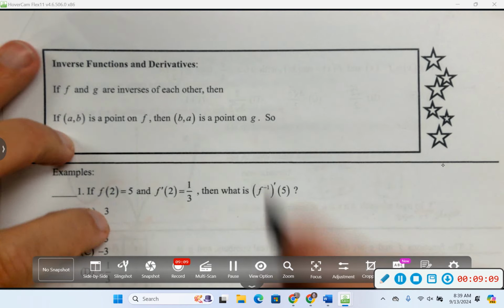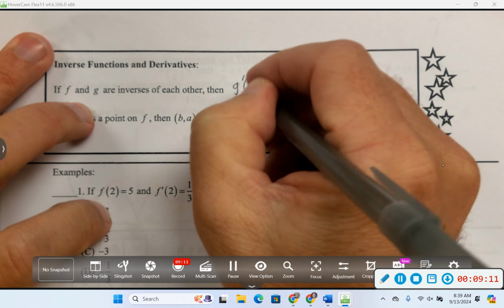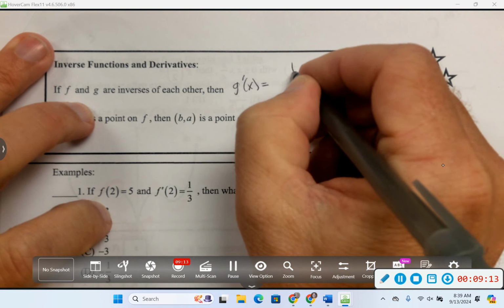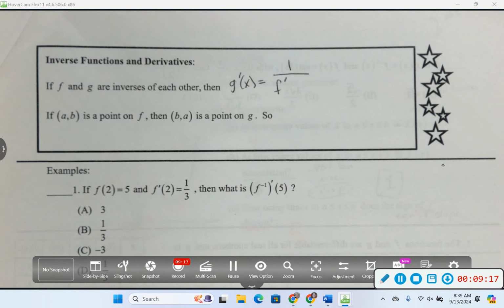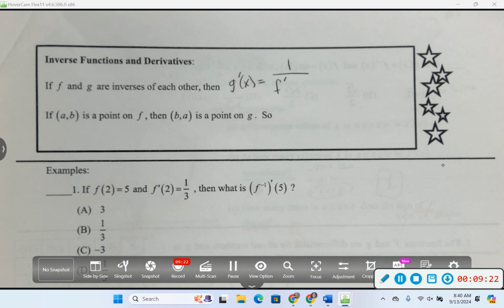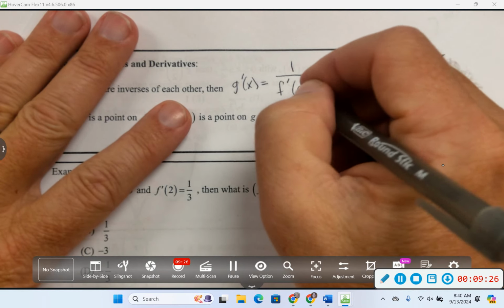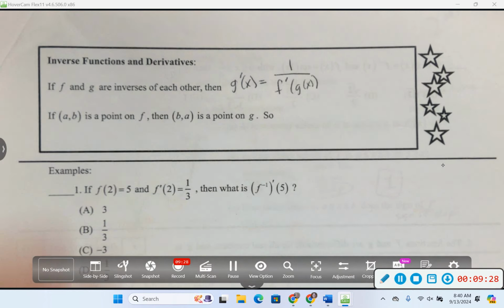If f and g are inverses of each other, then g prime, this is what we just said, is 1 over f prime. The trick is, you're at different points on the graph, right? The AB, BA swap thing. So f prime of g of x.